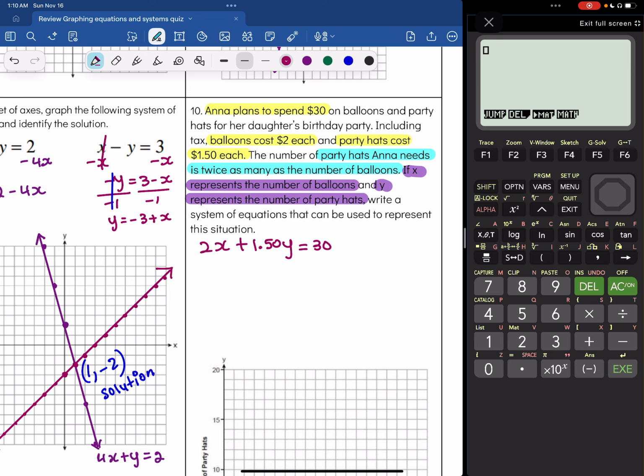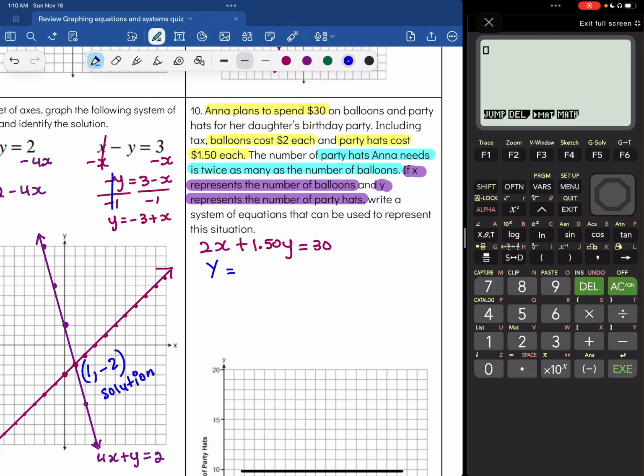Then the next part says the number of party hats Anna needs is twice as many as the number of balloons. Well, the party hats is represented by Y. So Y is equal to party hats that she needs is twice the number of balloons. When I'm thinking about twice of something, I'm thinking about two times, right?